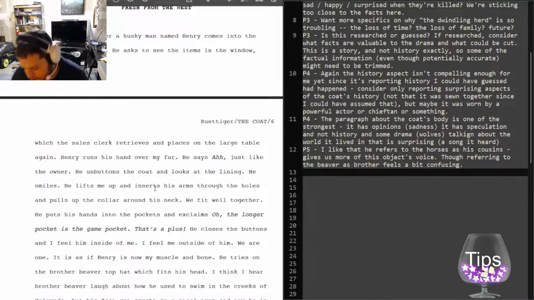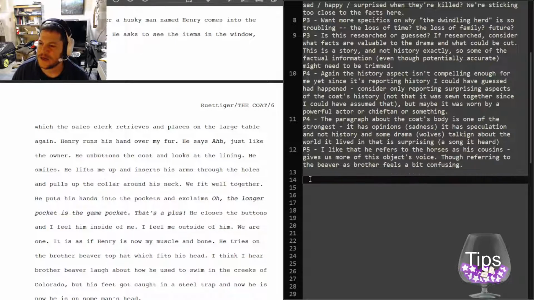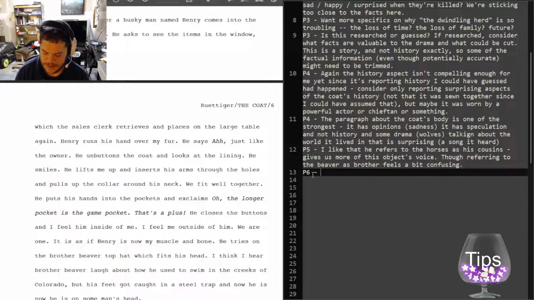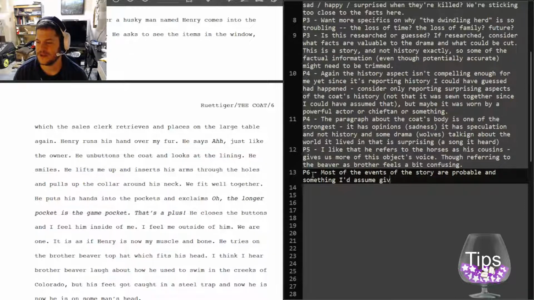I think there's a lot of probablys, and I want to see some improbablys in this story. Most of the events of the story are probable, something I'd assume given the frame.